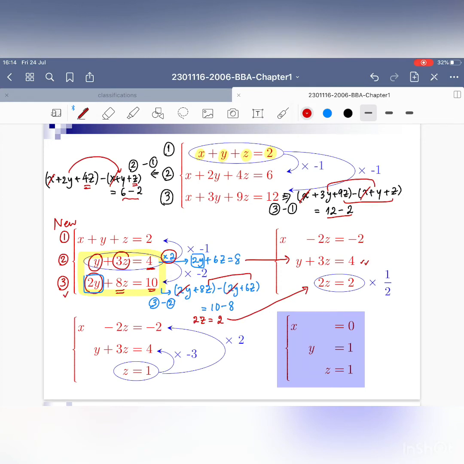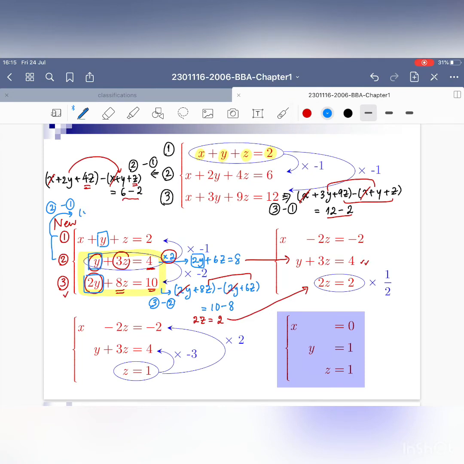However, if you look at it one more time, you may see that, hey, the first one has a y, and the second one also has a single y. So it means that if you do a subtraction between the first and the second, you may be able to get rid of the y. So you can change number 1 by using number 2 minus equation number 1.